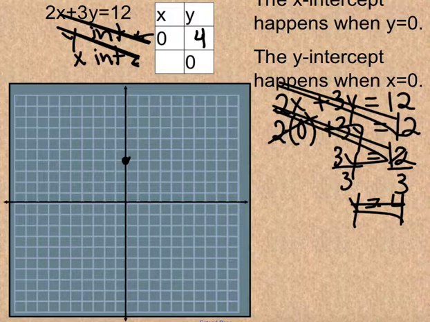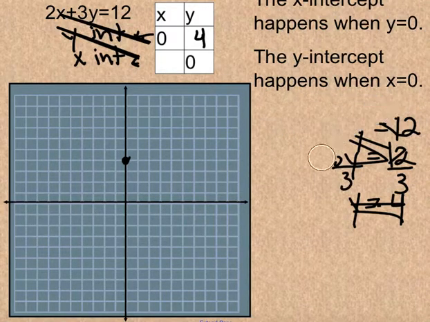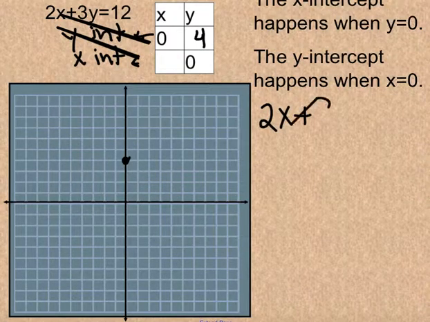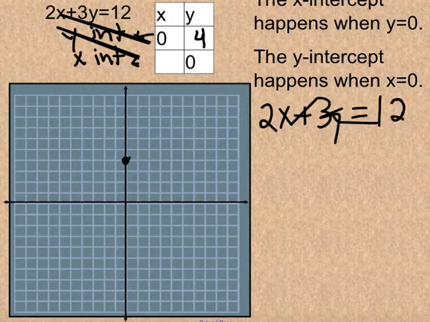Well, the same thing is going to happen, but instead of putting x as 0, we're going to put in y is 0. So let's do that. We put down our original equation, 2x plus 3y is equal to 12, and we put y as 0.